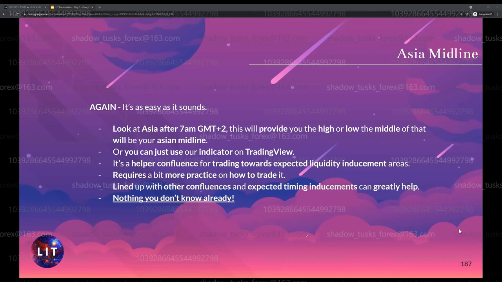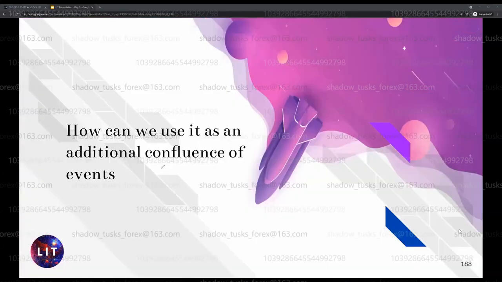You can turn it off and on if you don't like it, but you definitely should keep it on because it again gives you a pretty good confluence of where the liquidity lies. It requires a bit of backtesting and practice though, but as you're getting more experience with it, it gets very, very clean and you should know what to do. Yesterday was a picture perfect example for that.